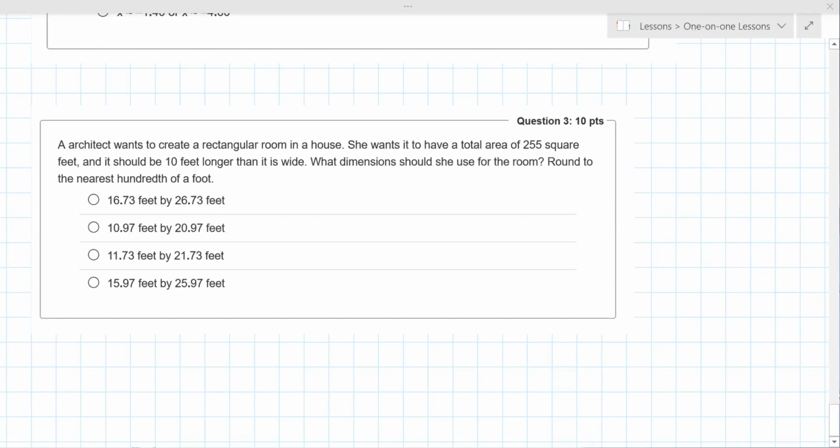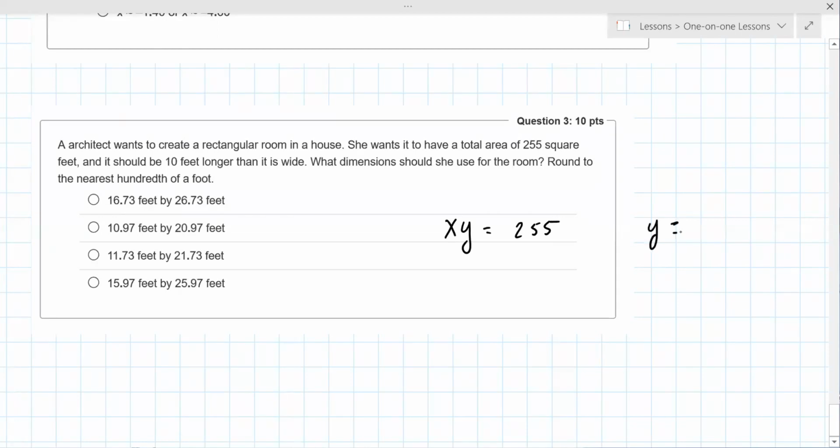Okay, we get negative 20.811 and 10.811. So, that's not right. Really? Yep, x times y equals 255. What does y equal?